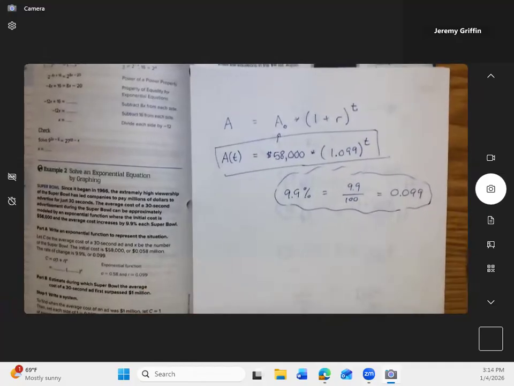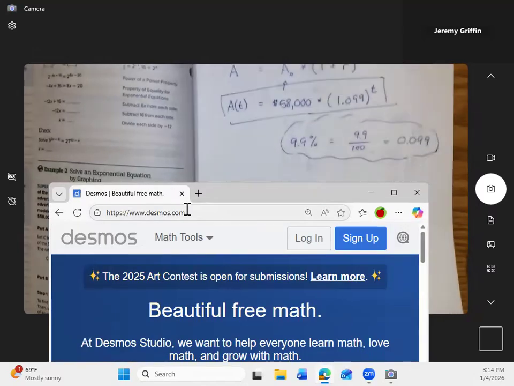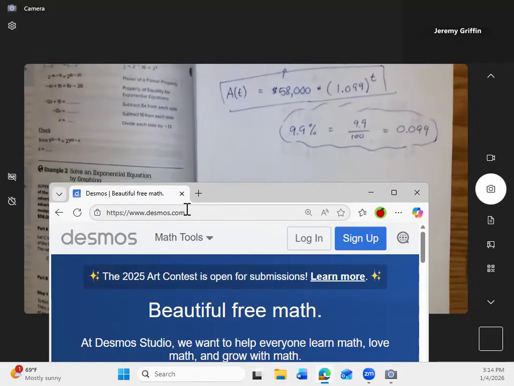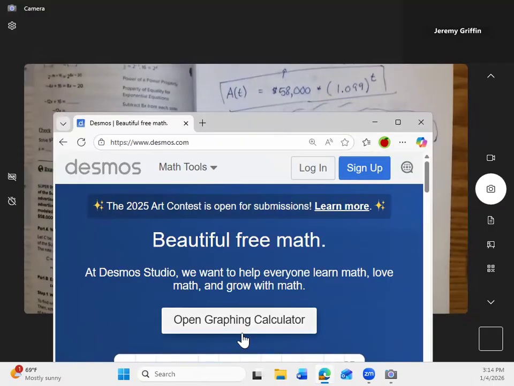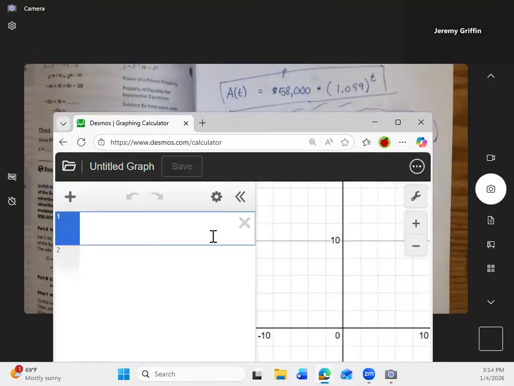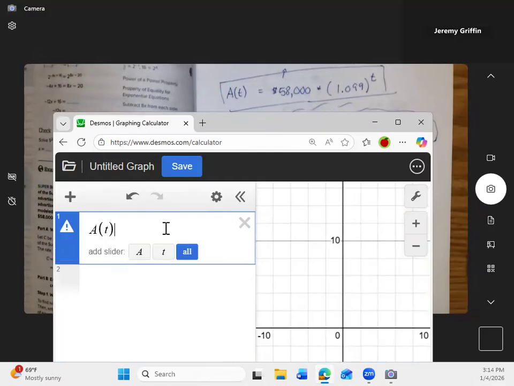Now let's go over to Desmos and plug that in. Let's see, can I shuffle this up a little bit? I think I can put this all on the same screen here. All right, let's try that out. Graphing calculator. I wonder if it takes A of t. Probably so.